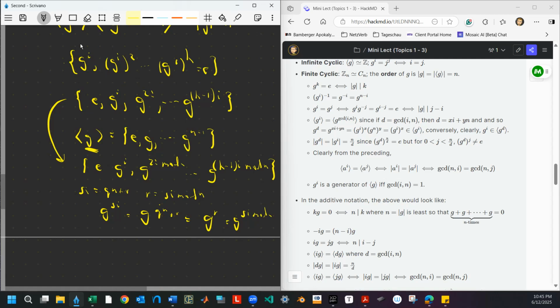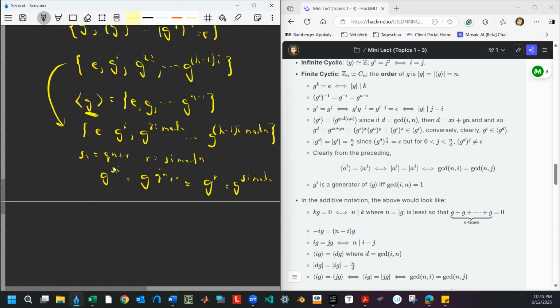So here I'll actually do this in a slightly different way. This proof is here. Let d equal the GCD of i and n. Then we know there is some x and y such that xi plus yn equals d.